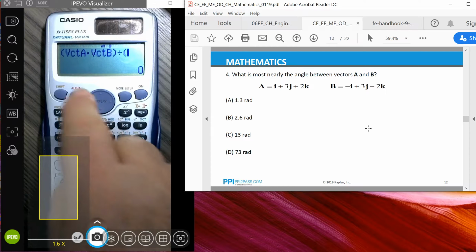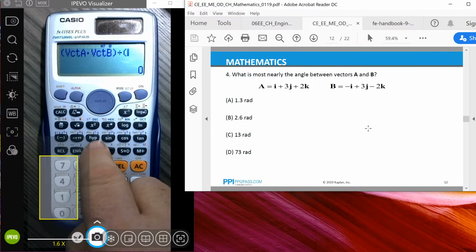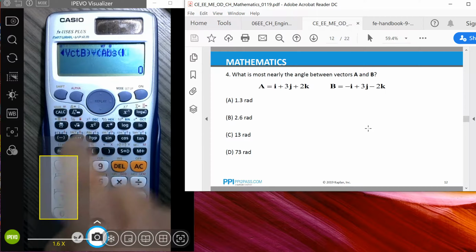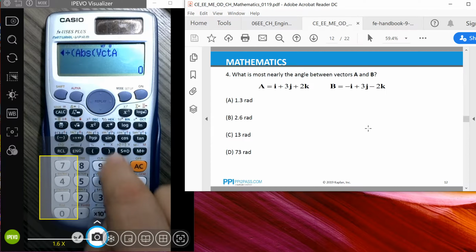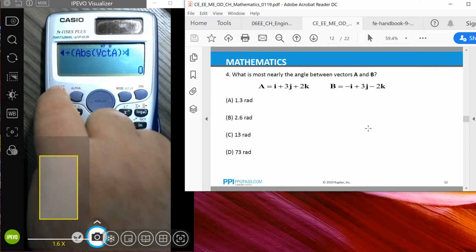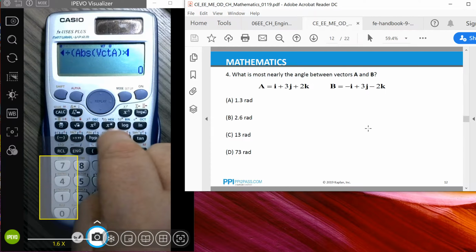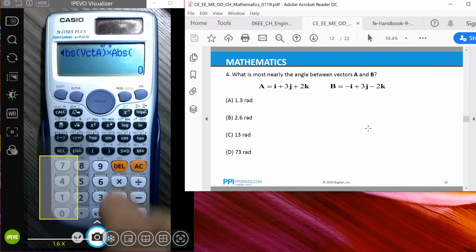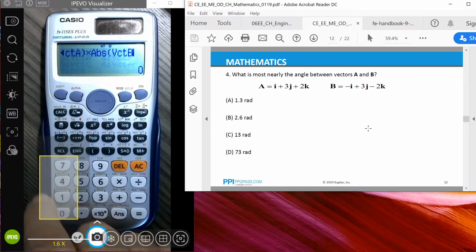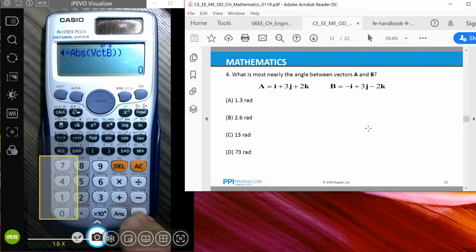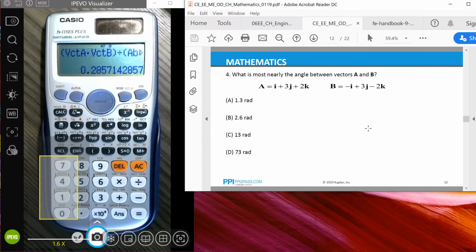So I'll do absolute value, which is ABS, absolute value of A, vector A, 3, multiply that by the absolute value of vector B, and that's my number that I get.